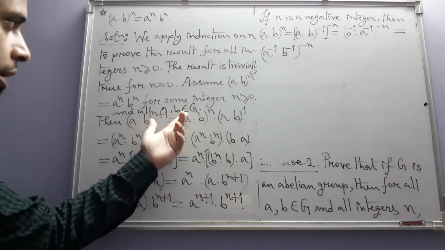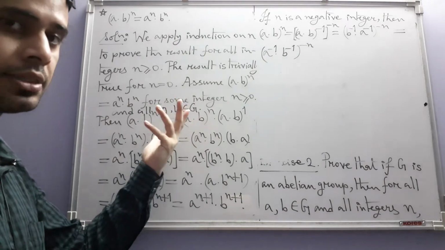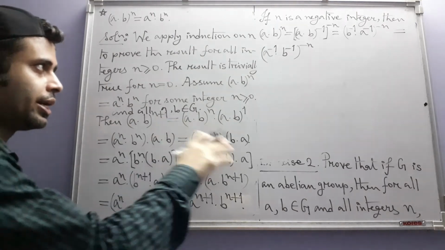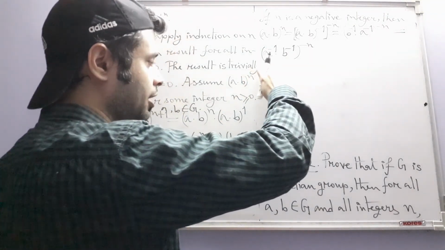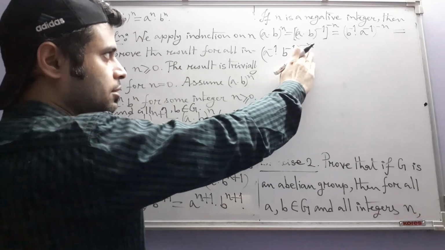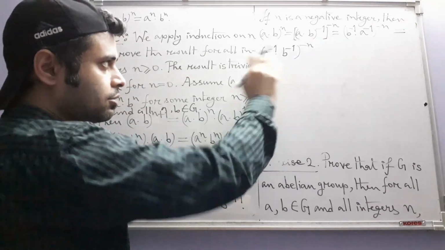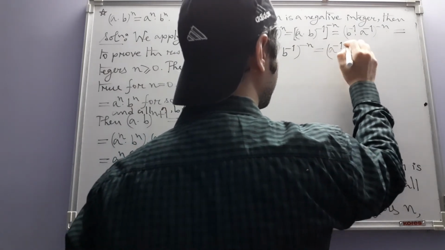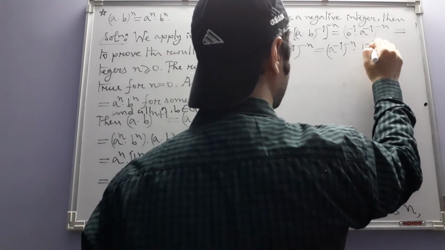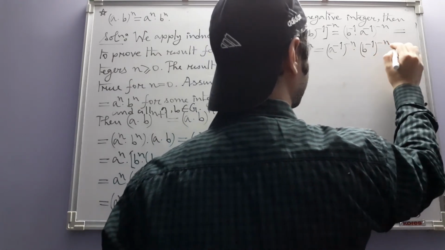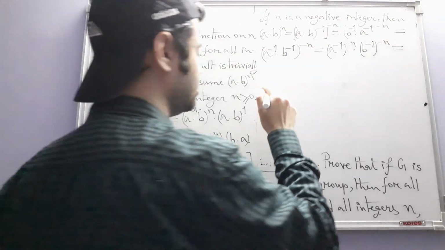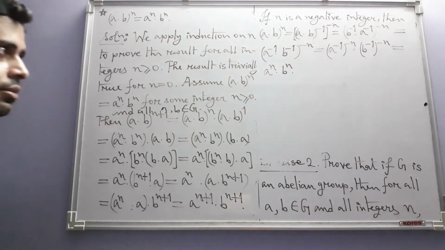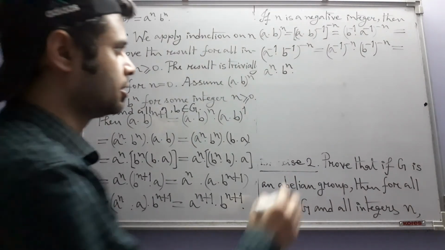We usually don't write this part because that is understood, but keep in mind that in the background it is there. So I'm able to use that here, because minus n is positive and these are two group elements. So I can write a inverse to the power minus n, then again by our definition this becomes equal to a to the power n dot b to the power n. So that completes the solution to the second exercise.